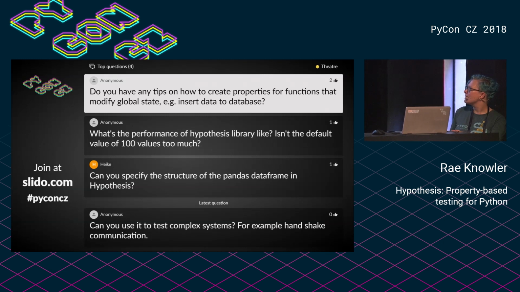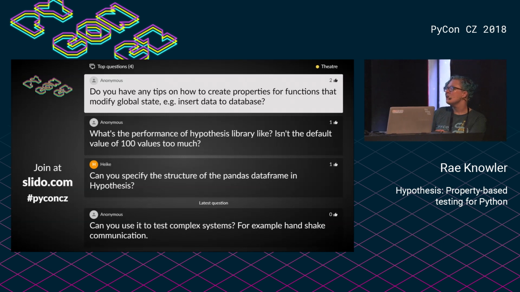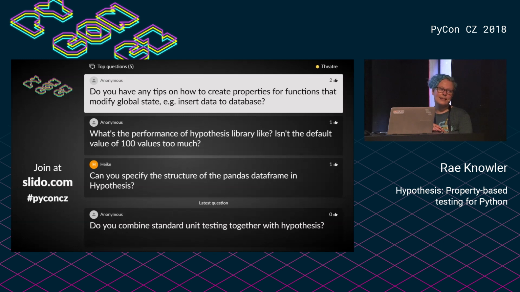On the other hand, I know that for the Django extra, which is the specialized bit of hypothesis that I've used the most myself, as well as a test case model, there's a transactional test case model, which is designed for exactly this kind of testing, and that just makes sure that everything is transactional over the course of each example, rather than over the course of the whole test, which is the default for PyTest.